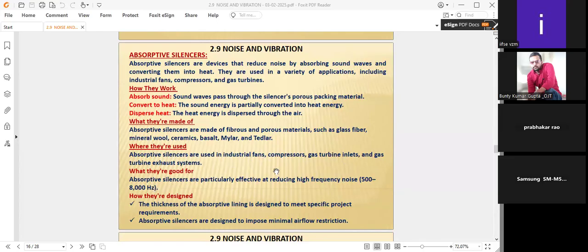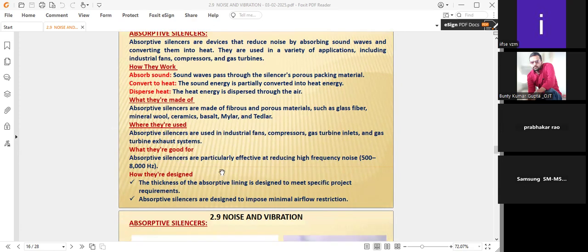Definitely, the absorptive technique is very useful for the respective areas. We have to see how much frequency of the noise there will be, and whether it is prolonged. 500 means a very high sound, more than 75 decibels.